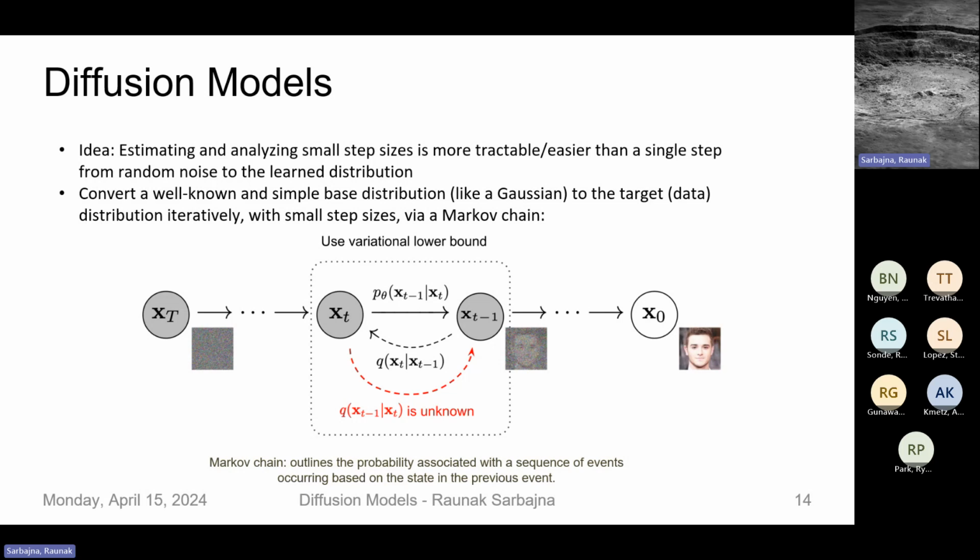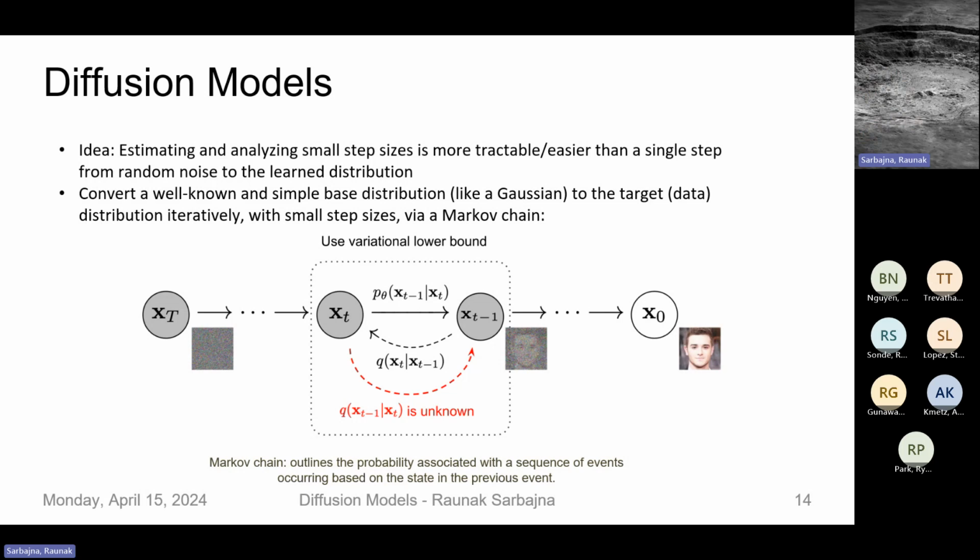So that's the purpose of a diffusion model, but we don't know that, so we estimate it. What we do know is Q of xt given xt minus 1, because all this does is take the image and add noise on top of it. So it's very easy to calculate: you take image plus noise. That's Q of xt given xt minus 1. This we know. But the reverse process, Q of xt minus 1 given xt, we don't know in this Markov chain.